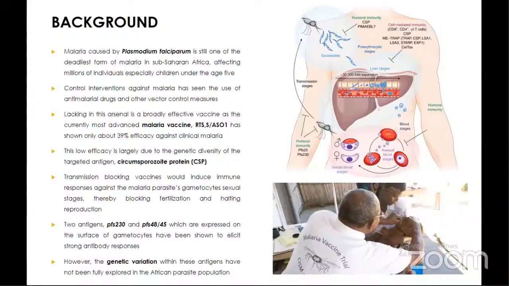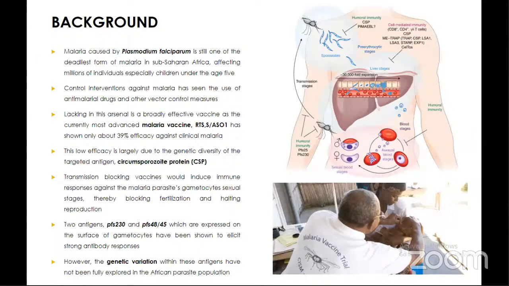Talking about the life cycle of the parasite, the mosquito comes for a blood meal and inoculates sporozoites into the human host. The sporozoites travel to the liver and infect the hepatocytes.